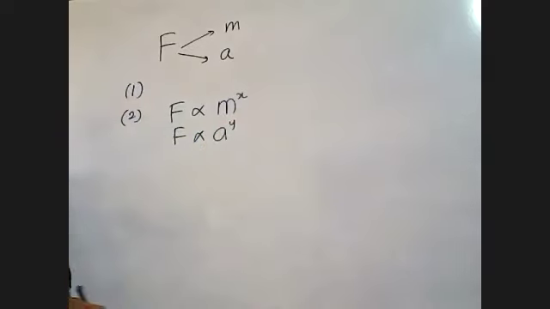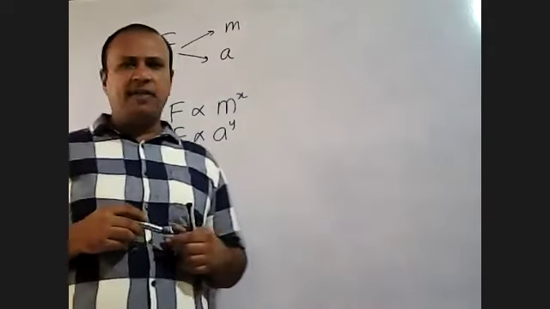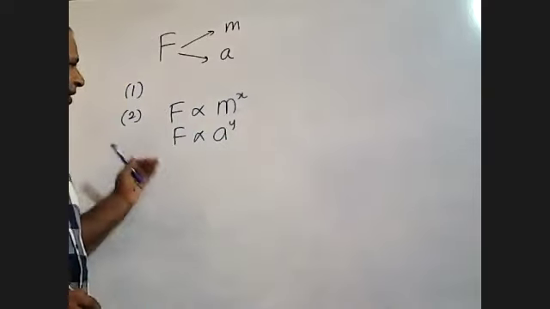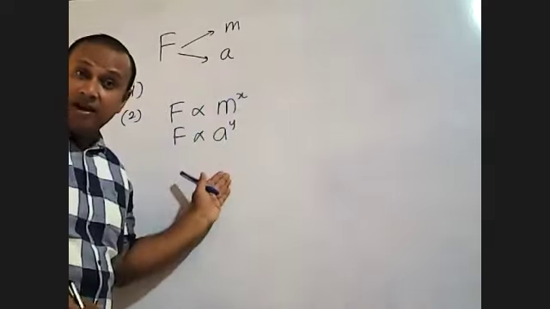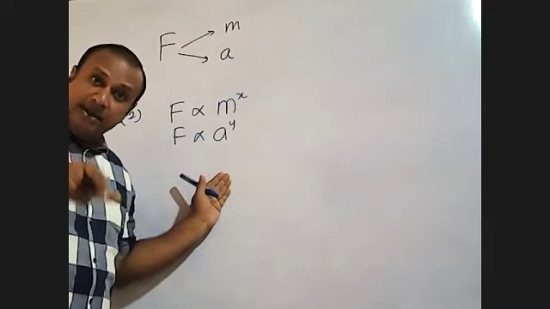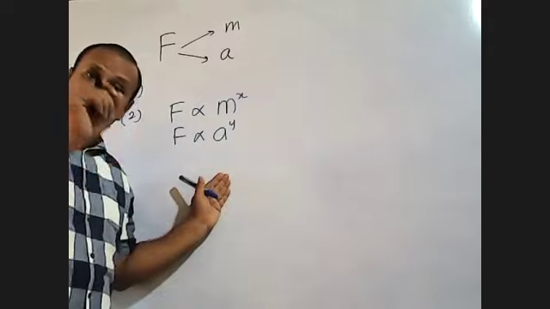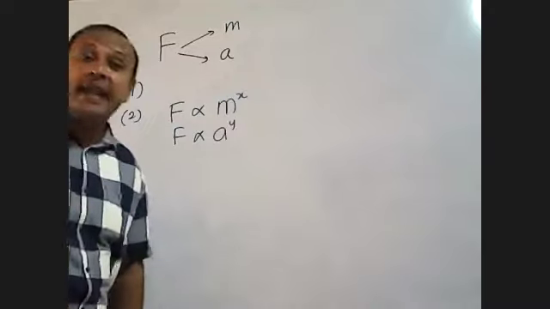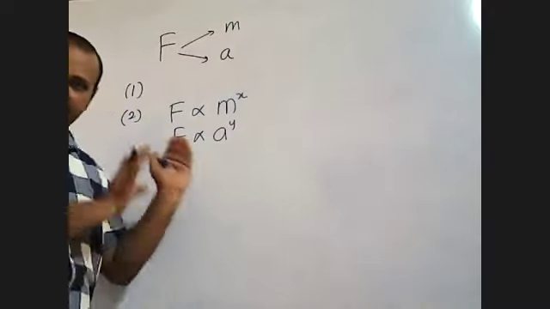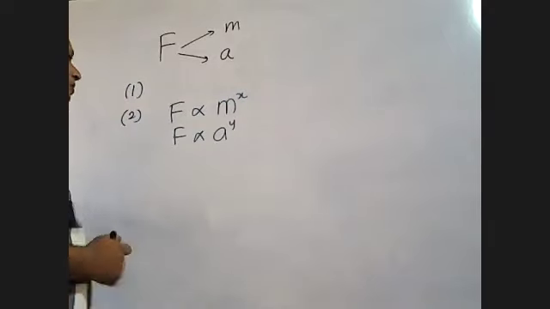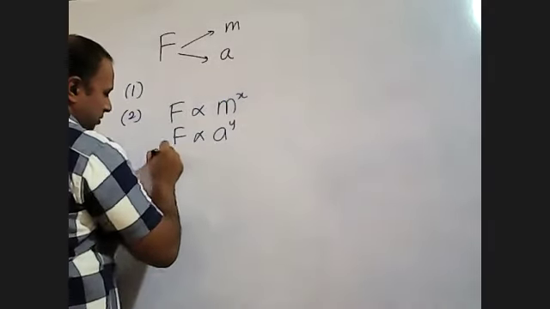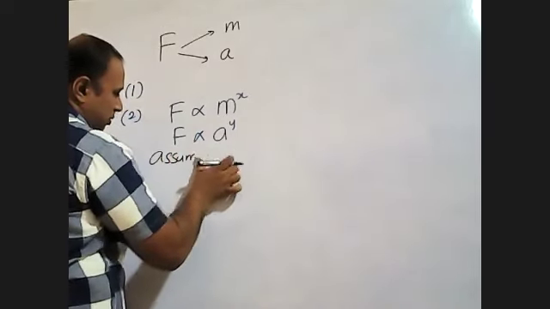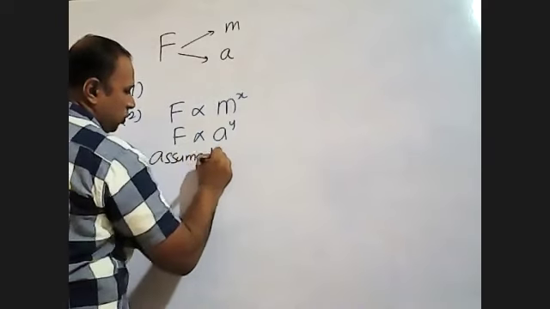I don't know what x and y are. This is just an assumption. Then we can determine the values of x and y, and then we can exactly say what the relationship between m and F, and a and F is. Until then, this is an assumption. The second step is to assume a relationship.